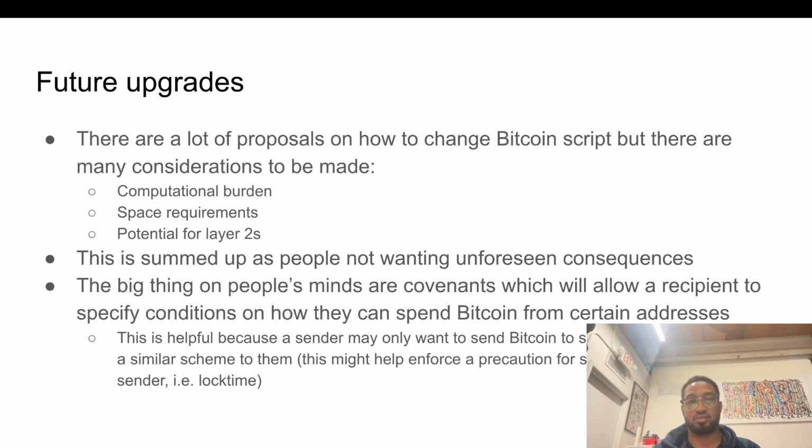Future upgrades. So there are a lot of proposals on how to change Bitcoin script, but there are many considerations to be made. Number one, there is the computational burden. When you're thinking about new opcodes to add, you don't want to add opcodes that would cause someone's Bitcoin node to do more computation such that they are lagging behind in the validation of Bitcoin blocks and their transactions every 10 minutes.